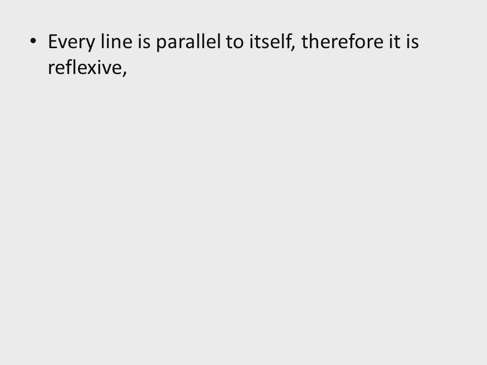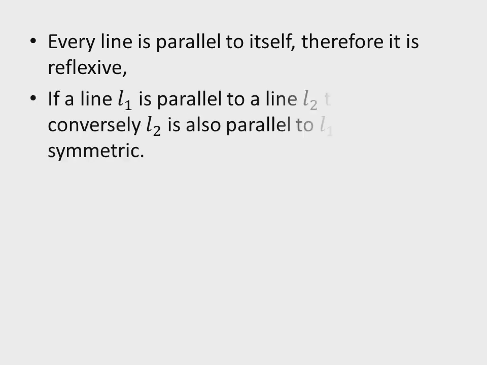We can consider a line to be parallel to itself because a line will make 0 degree with itself. Therefore, every line will be parallel to itself. Means every element of L will relate to itself, and that will mean that the relation is reflexive.